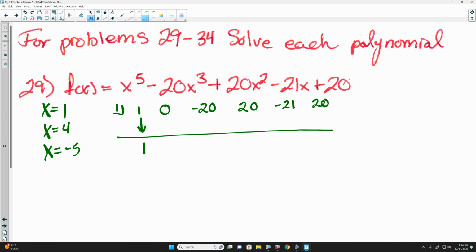And we'll do our synthetic division process. 1 times 1 is 1, 0 plus 1 is 1. 1 times 1 is 1, -20 plus 1 is -19. 1 times -19 is -19. 20 plus -19 is 1. 1 times 1 is 1, -21 plus 1 is -20. 1 times -20 is -20. And 20 plus -20 is 0.